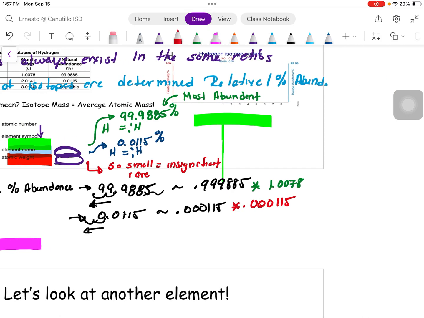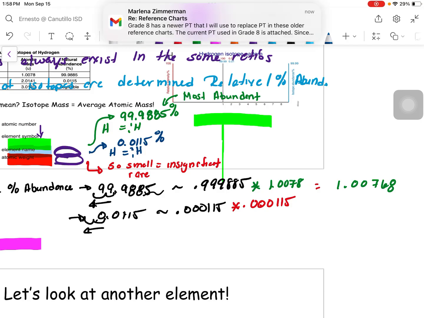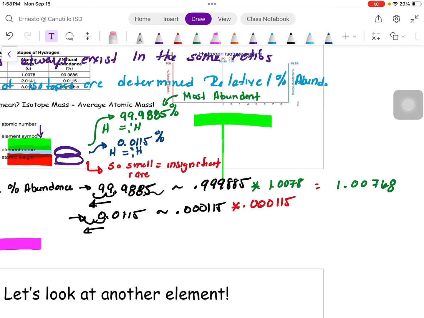Now, if I multiply this out, I'm going to end up with 1.00768. Now, if I do the same thing for the second one, that's actually going to be multiplied by 2.0141.